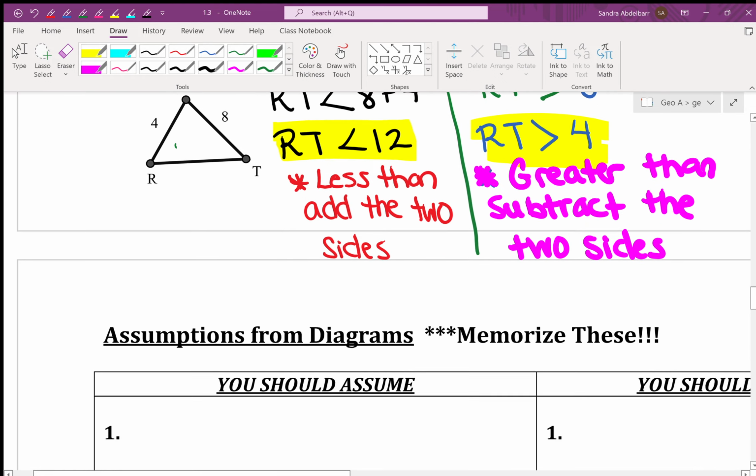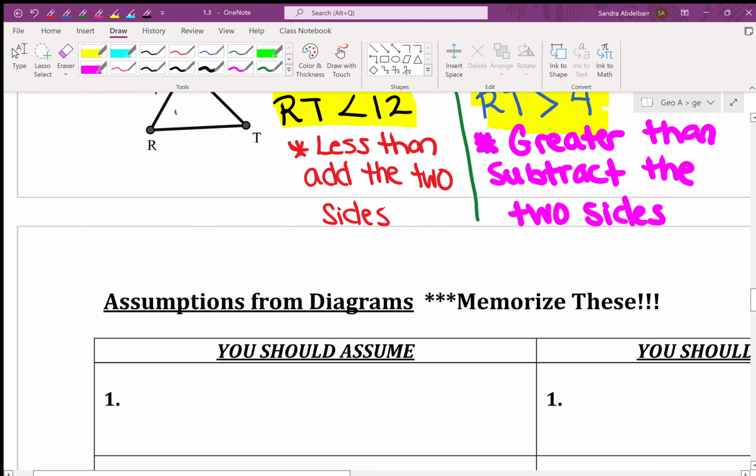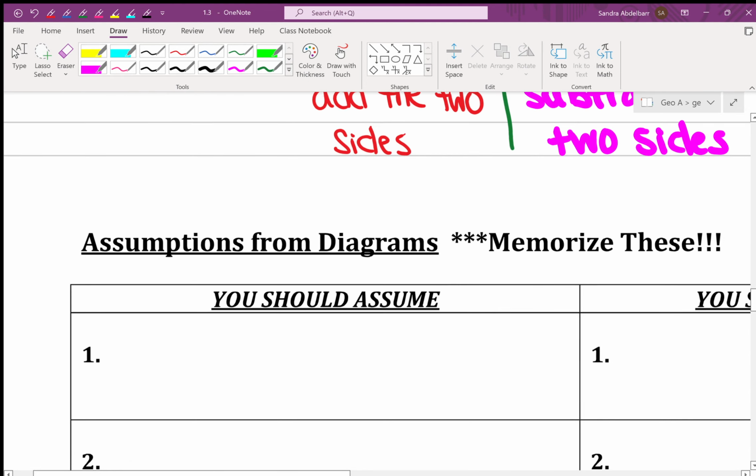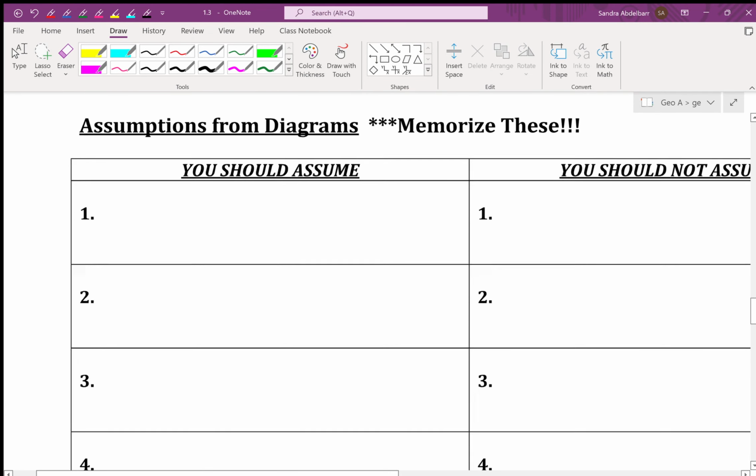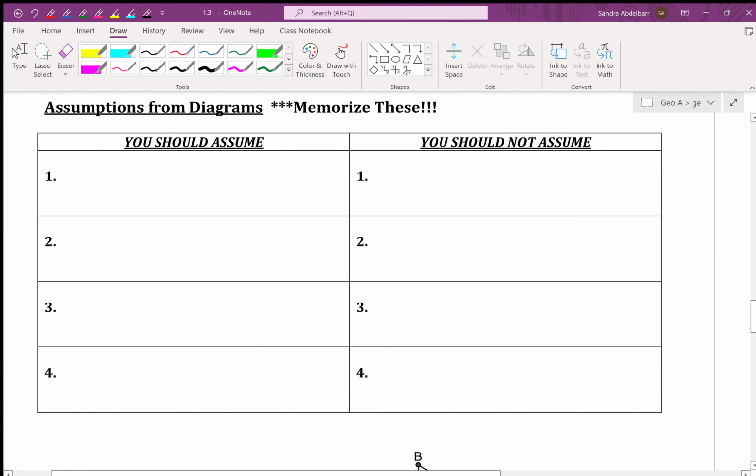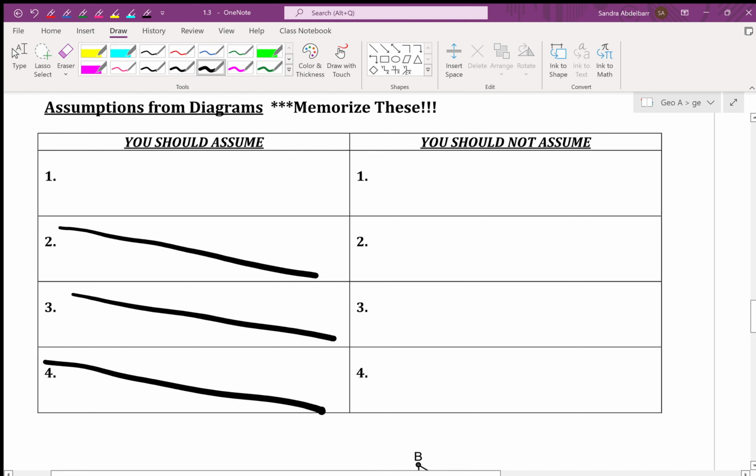All right. Things we should and should not assume from a diagram. I'm going to keep this really simple for things that are just important for us moving forward. So I'm going to cross out 2, 3, and 4. There's really only one helpful thing that we are allowed to assume in future problems, and that thing is straight angles.